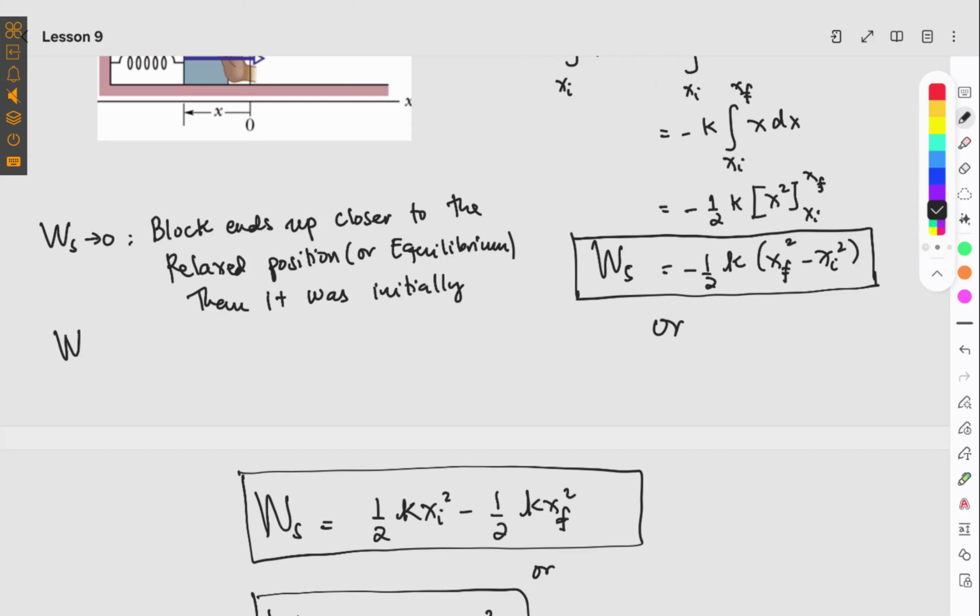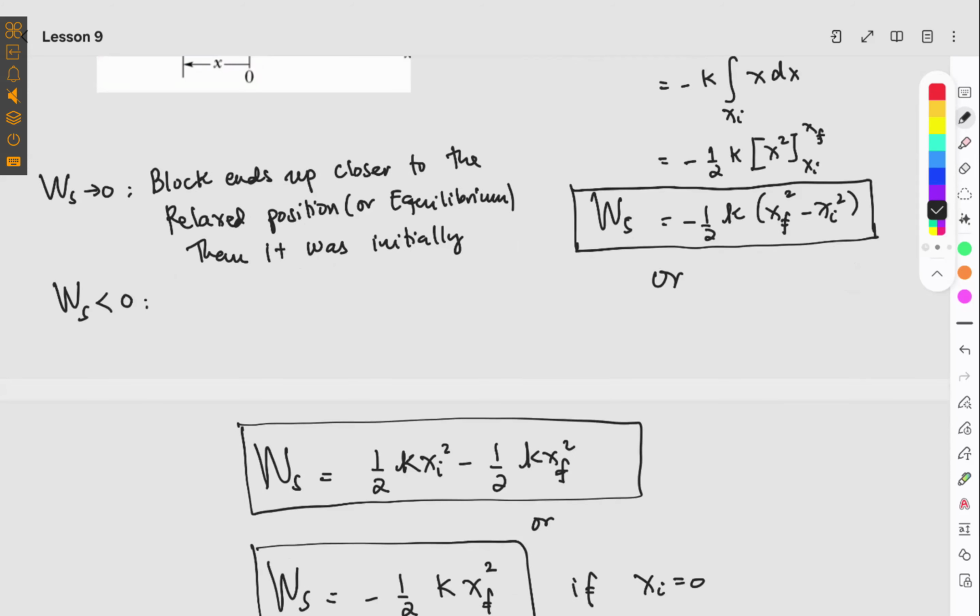Now, when your work of the spring is less than 0, that simply means that the block ends further away from x equals 0.